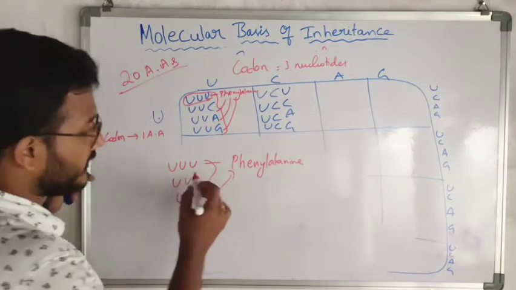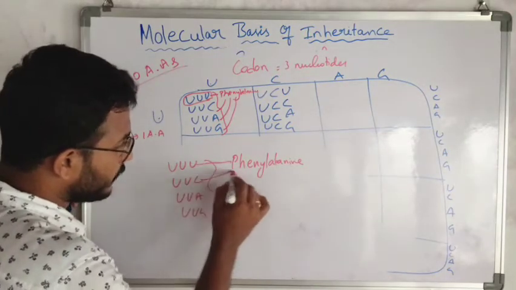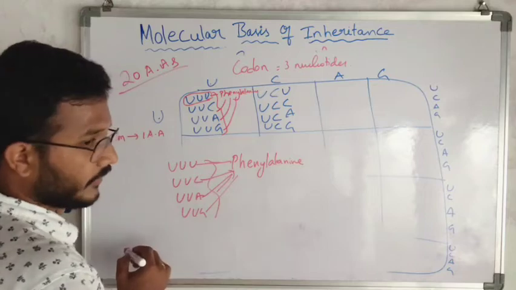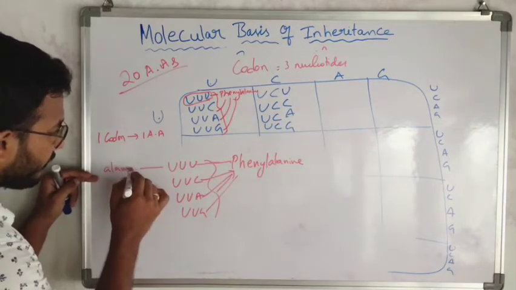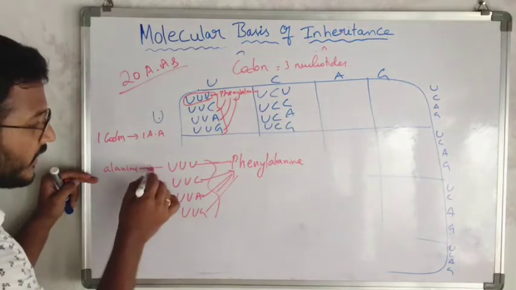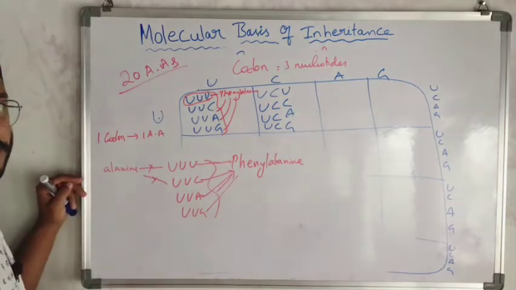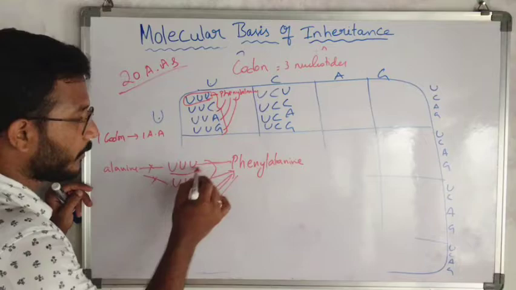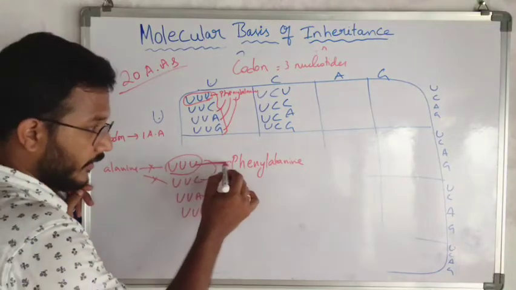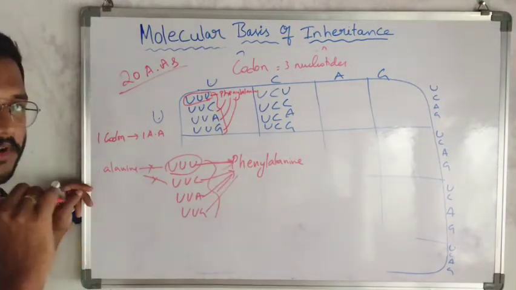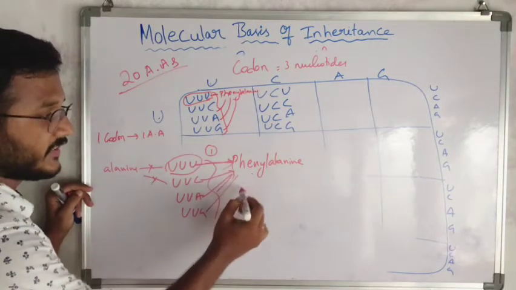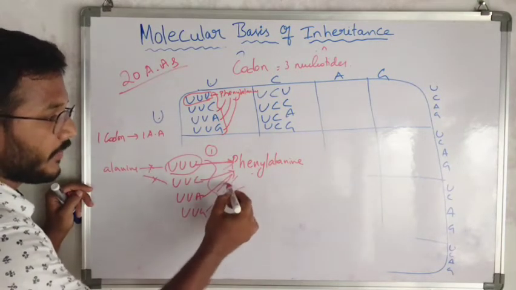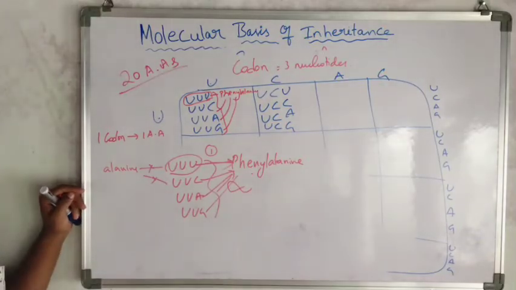That means this one is coding, this is coding, this is coding, this is coding. But UUU at the same time is not coding alanine. That means one triplet codon codes for only one amino acid. But one amino acid can be coded by many codons.